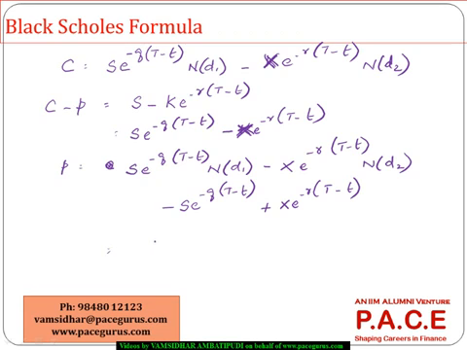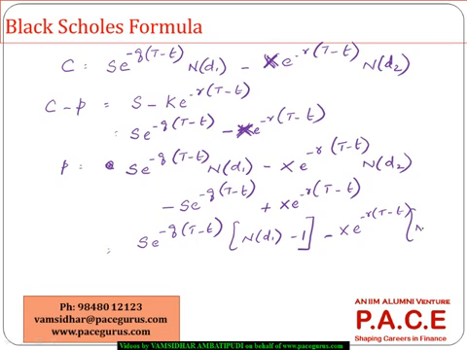If I take the commonalities out, it comes out as S e power minus q(T minus t) times (N(d1) minus 1), minus, if I take X e power minus r(T minus t), then it comes out as (N(d2) minus 1).